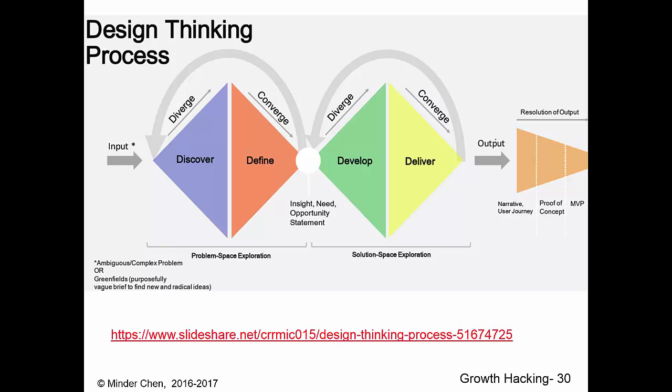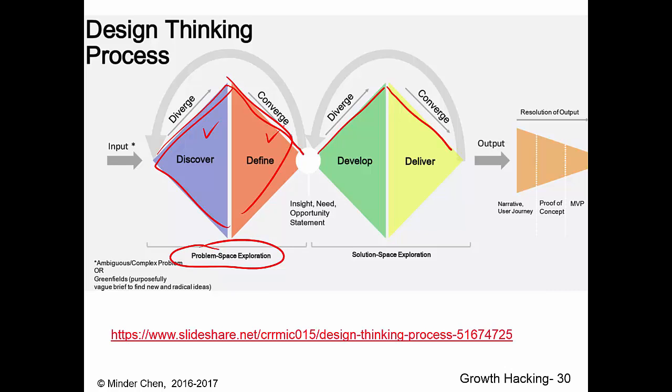This one, I like it because it describes a kind of decision process, which is divergent thinking and convergent thinking, and again, a divergent thinking and then convergent thinking. In this case, the first diamond shape here is about exploring the problem space, try to discover the problem and define the problem properly from a point of view.